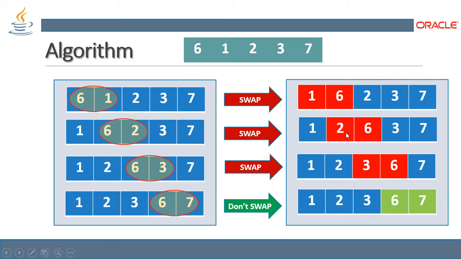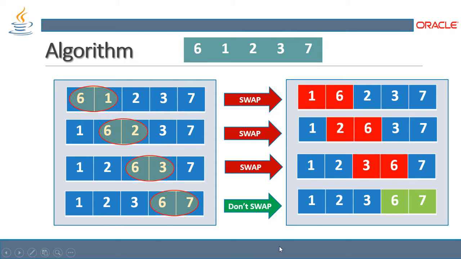Now these two numbers are in the correct position. In the next iteration, it moves the bubble to the next position. Here it compares 6 and 3. Again this condition is not true, so it swaps again. This is how it compares and swaps and moves the bubbles forward.